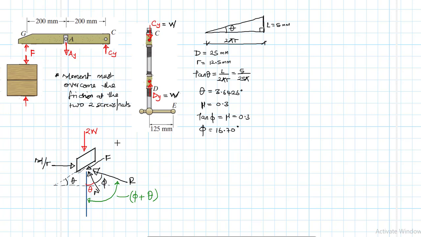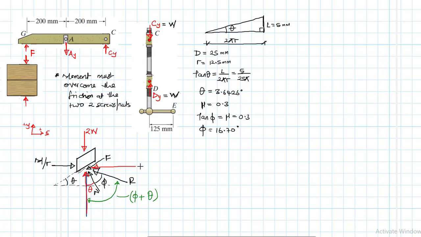Since our coordinate system is x, y like that, we need to rewrite r in terms of x like so, and r in terms of y like so.